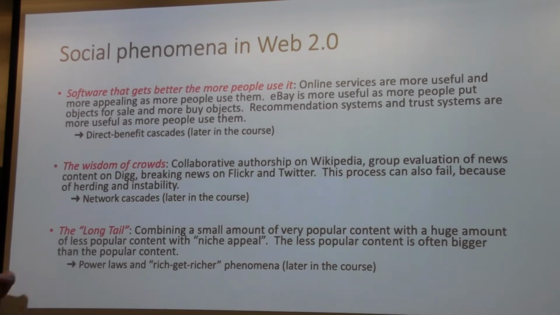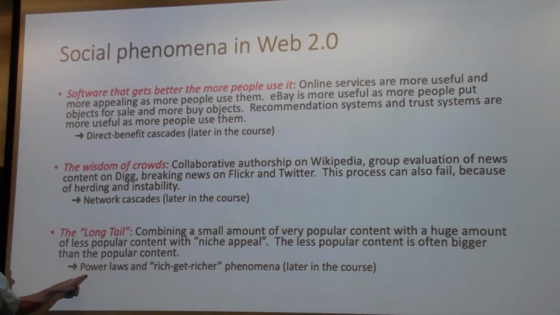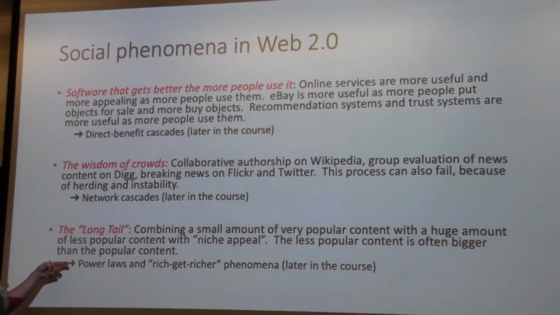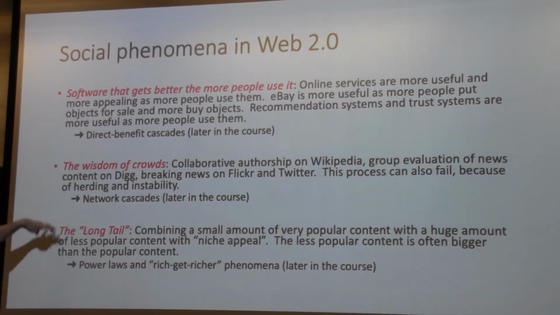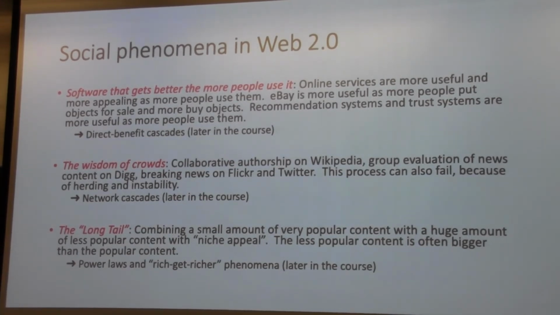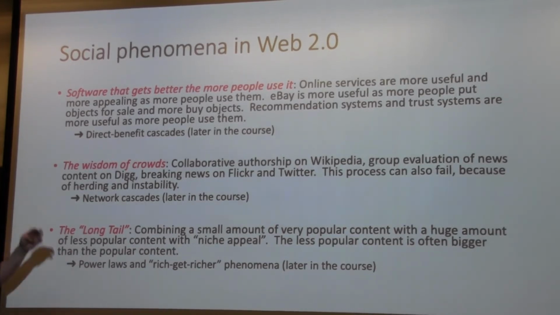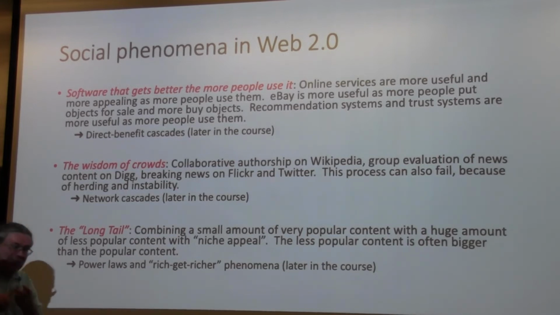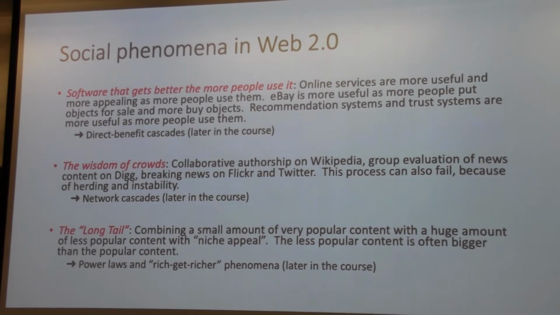This is called the long tail, and it's a reason why internet software is sometimes incredibly successful, and there's some mathematical laws connected to that, power laws, and rich get richer, which we will see later also in the course. Okay, so these are social phenomena that happen on networks, and we can understand them using graph theory and game theory and sociology. Okay, good.